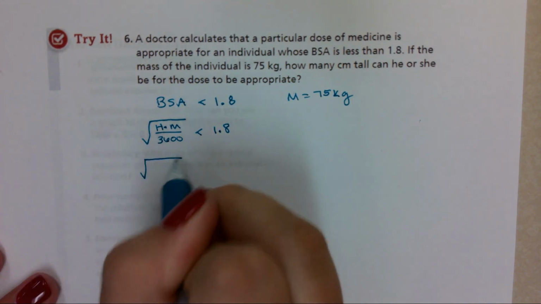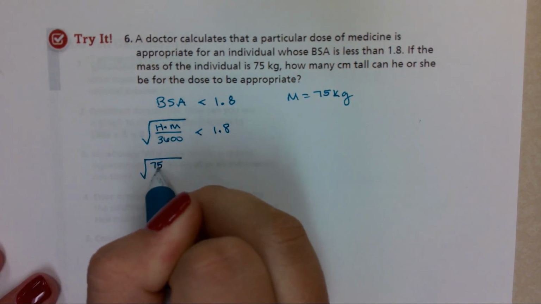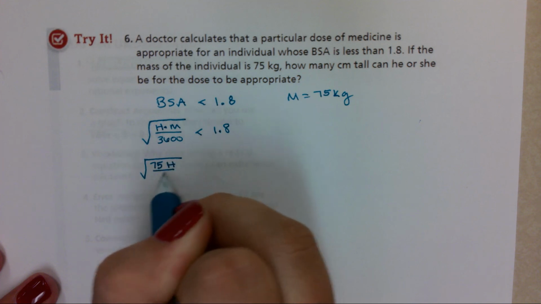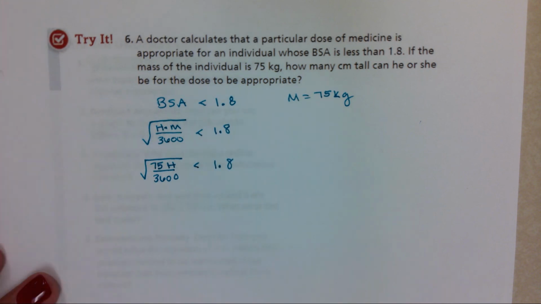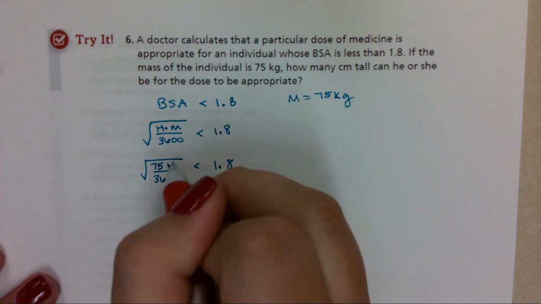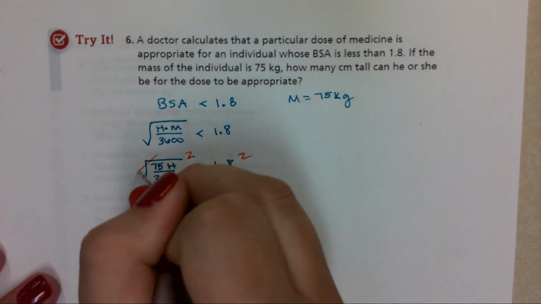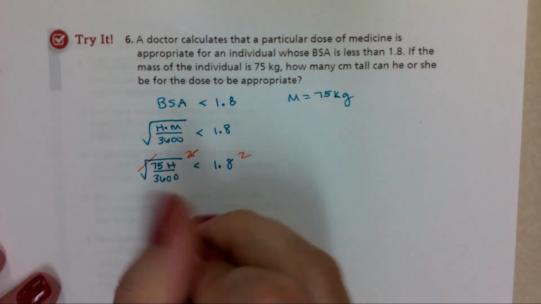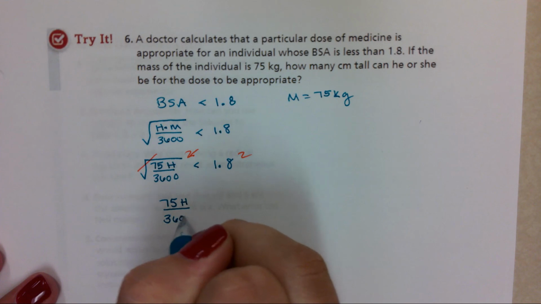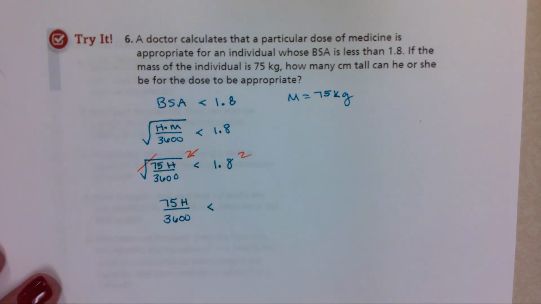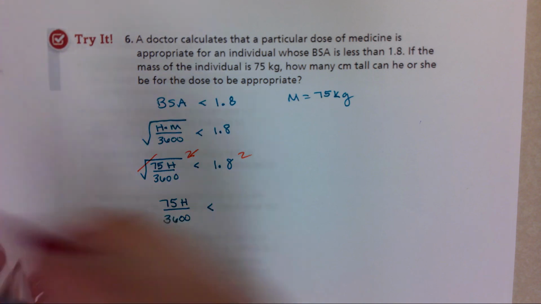So I'm going to substitute 75 in for mass, so 75h over 3600 is less than 1.8. And we solve the same way. We square both sides, and we get 75h divided by 3600 has to be less than 1.8 squared, which is 3.24.